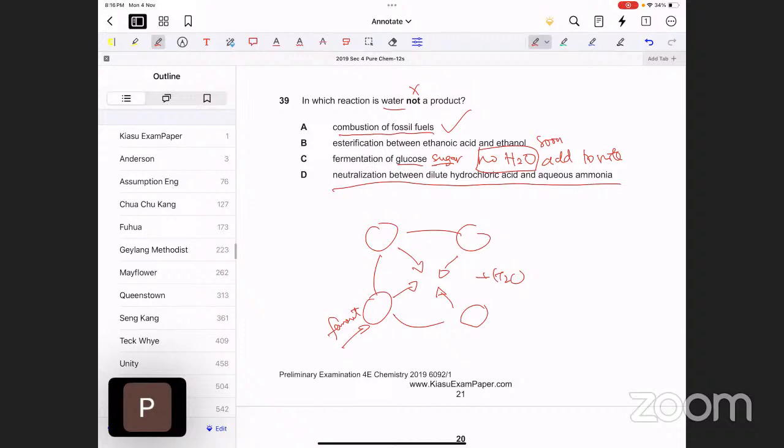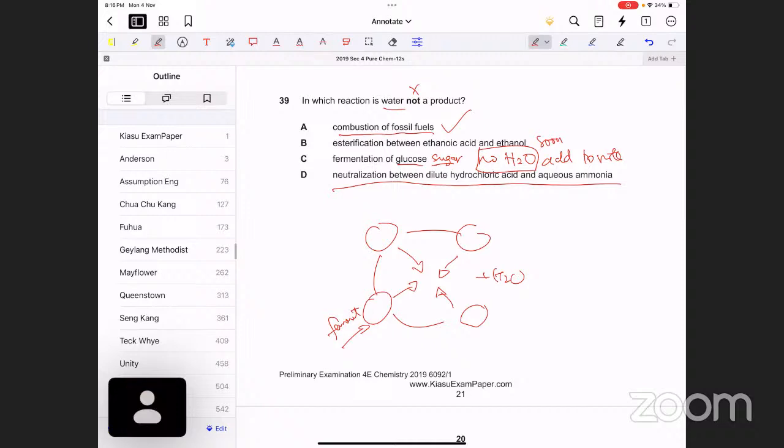I'm going to invite Kirana. Kirana, can you confirm, does the part D exist in the reaction map or not? Is it the vinegar? So what you mean is acid plus base, correct?